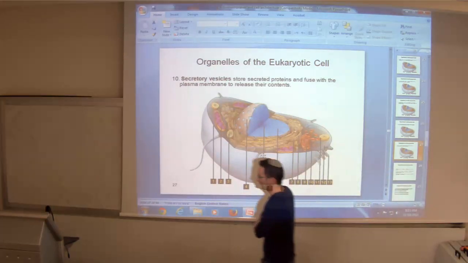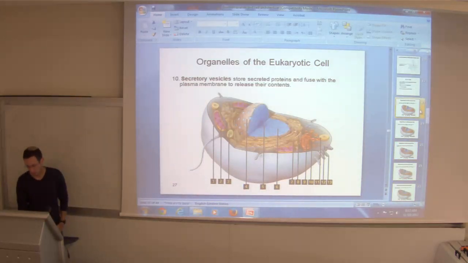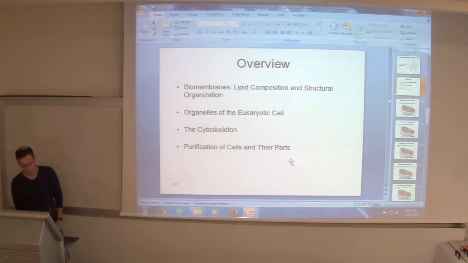So we are in the chapter of biomembranes and cell architecture, having these sections in it. We went through the basic structure and characteristics of biomembranes, a bit about lipid compositions and the way they dictate the morphology of the plasma membrane. Then we were just about the middle of the second section, the organelles of the eukaryotic cell.